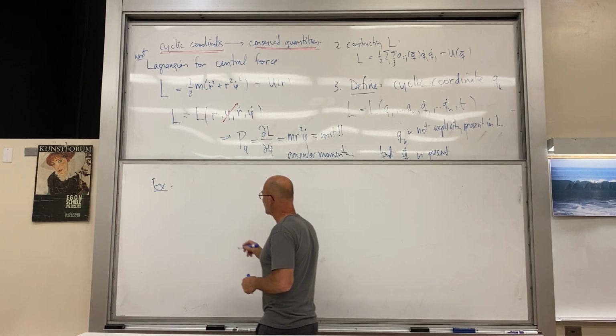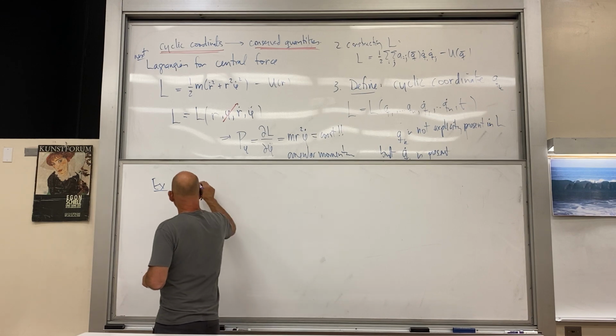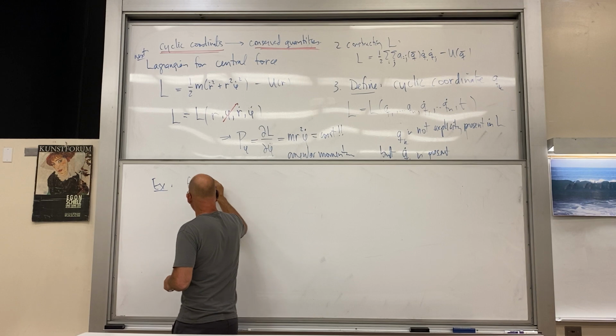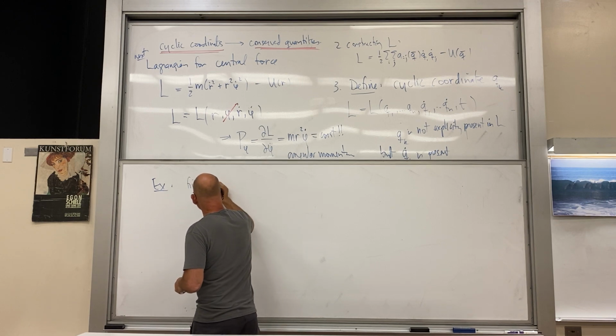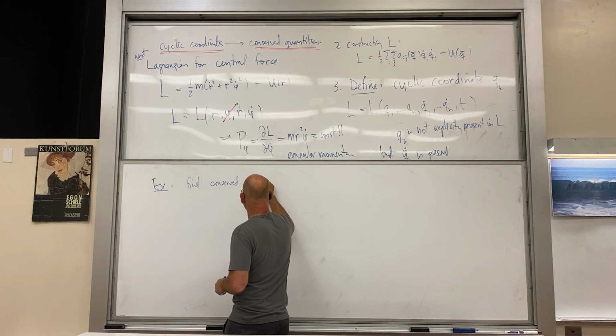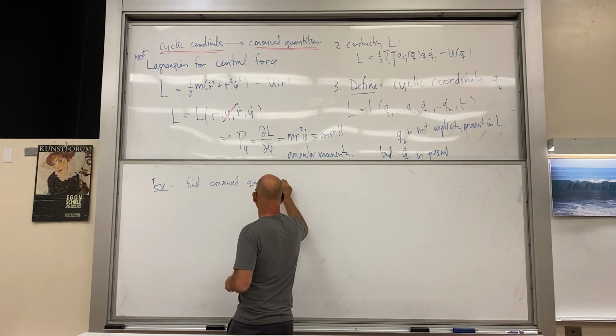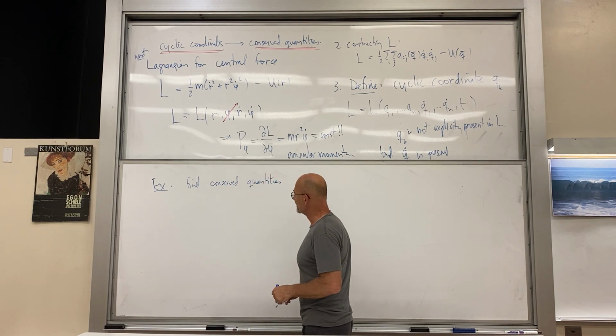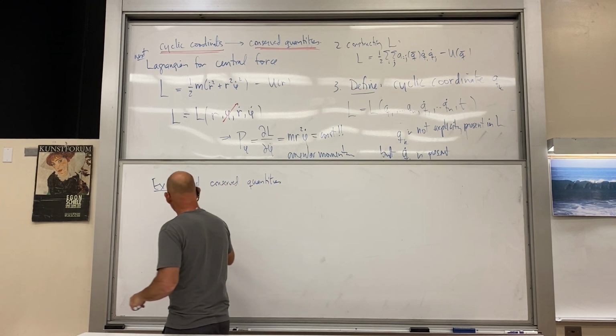And let's just give some examples here to kind of drive the point home. We'll just call this: find the conserved quantities. Now here's the first scenario.